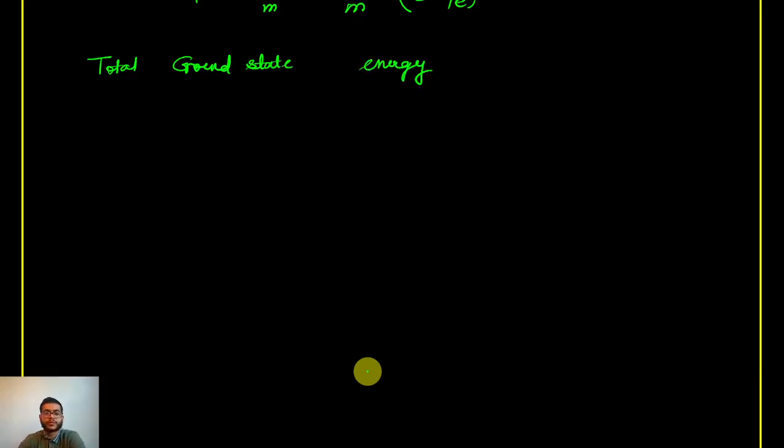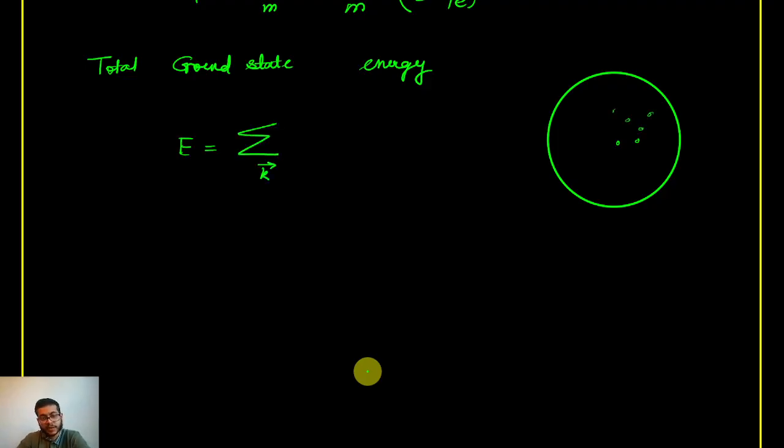For that, E is equal to, you will have to sum over all the electrons which are inside the Fermi energy, right? So basically the sum over k of h square k square by 2m, where k is less than kf, into 2, because there are 2 electrons per site, spin up and spin down.